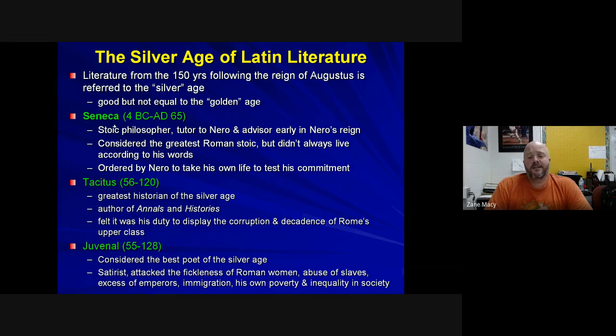Juvenal is considered the greatest poet of the Silver Age. He was a satirist. Generally, satire is used to point out flaws in society, point out problems, but doing it in a humorous way. Anytime you hear me talk about satire, a modern case of satire, even though I don't think that it's on par with where it was years ago, Saturday Night Live uses a great deal of satire.